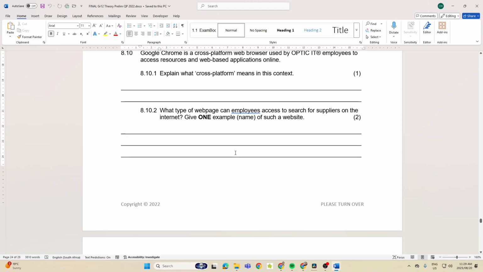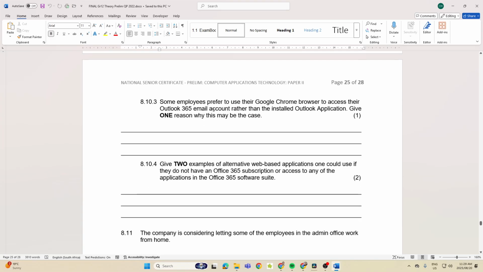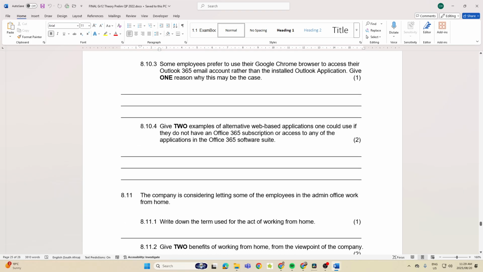Okay, then your types of web pages. They're talking about Office 365 here as well, and Microsoft Outlook. What's the difference? Some employees prefer to use their Google Chrome browser to access their email. Now, if we use Outlook, it will download your email. If you use a browser, your email remains online. Okay, so there are advantages and disadvantages to that.